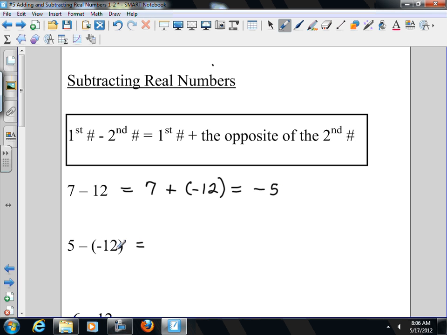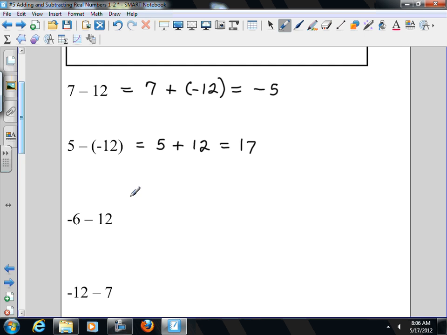Let's do the next one here. We're going to write down the first number, change the minus to plus, and take the opposite of the second number. Well, the opposite of negative 12 is positive 12. 5 plus 12 gives us 17. Next one, keep your first number. Change your minus to plus, and take the opposite of your second number. Opposite of 12 is negative 12.